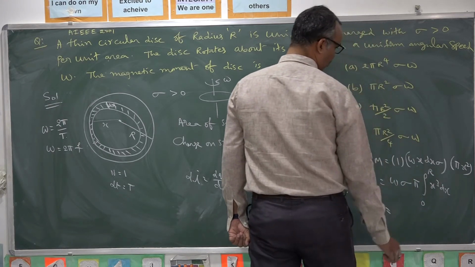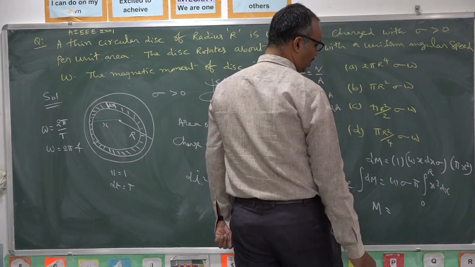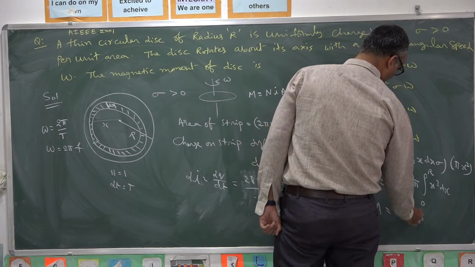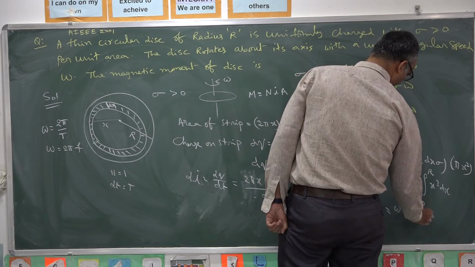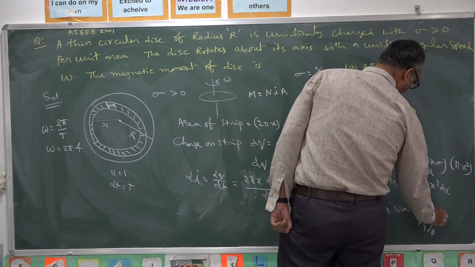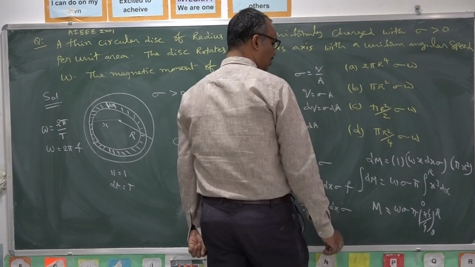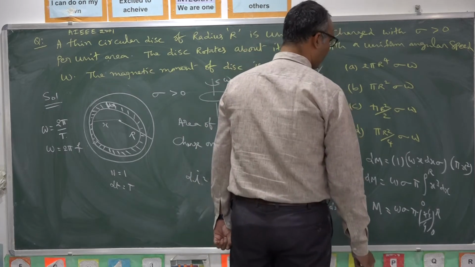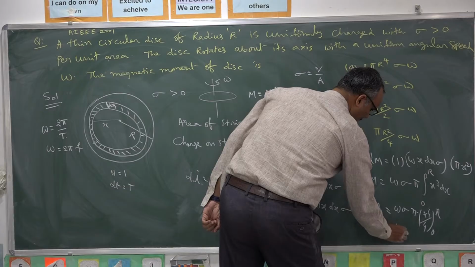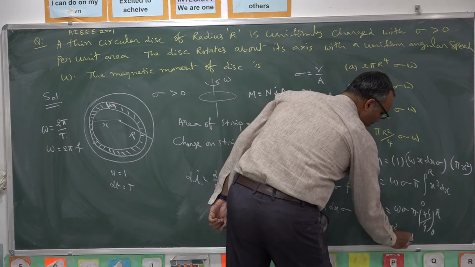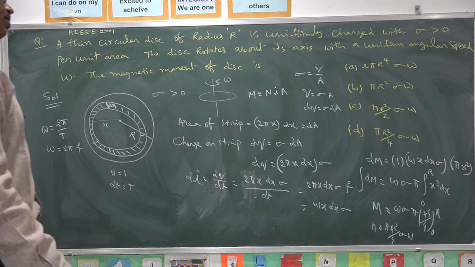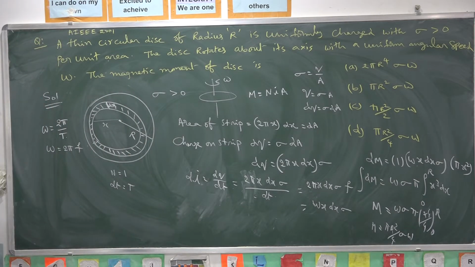The integration of x cube is x power 4 by 4, from 0 to r. On substituting limits, pi r square by 4 sigma omega is the solution for the question.